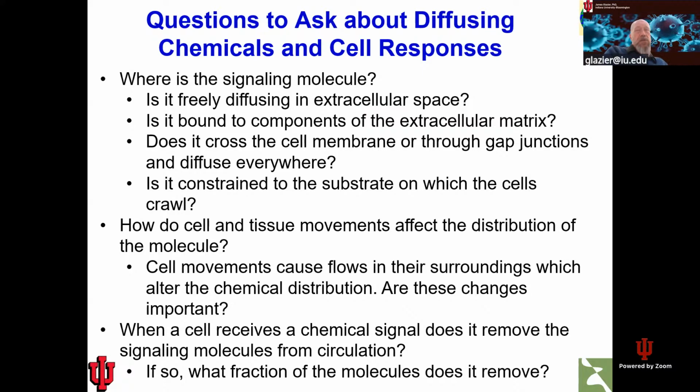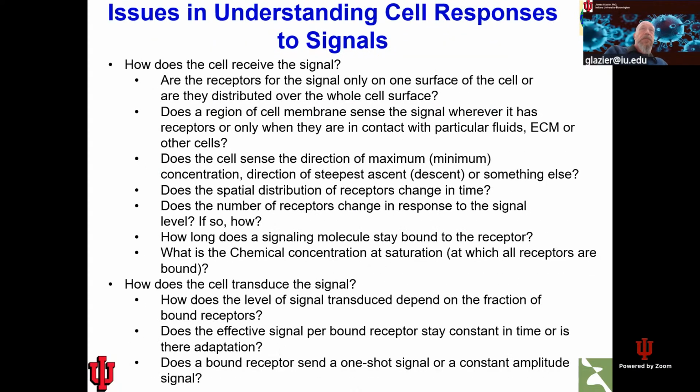But the key question is, if you're taking chemical out during signaling, how much? Is it enough that you actually have to worry about the uptake? And then there are all the questions about the receiver: when a cell's receiving a signal, do they have the signal receptors everywhere, or only on one surface of the cell, or only in regions in contact with some particular target?